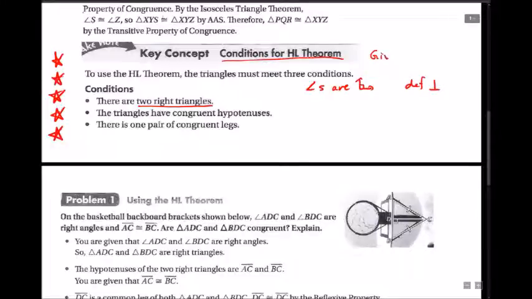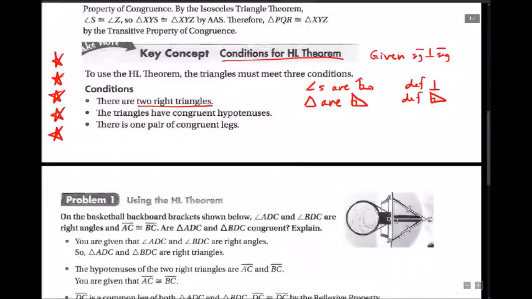This is if we are given two perpendicular segments, right? Segment is perpendicular to segment, or line is perpendicular to line. We can make our angles into right angles. And then we can say that our triangles are right triangles by definition of right triangle.